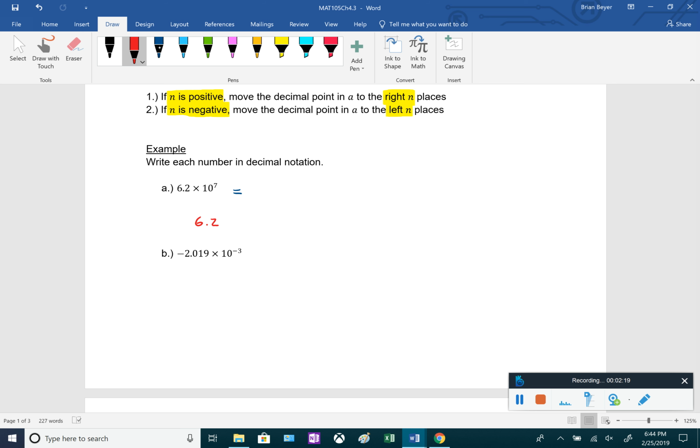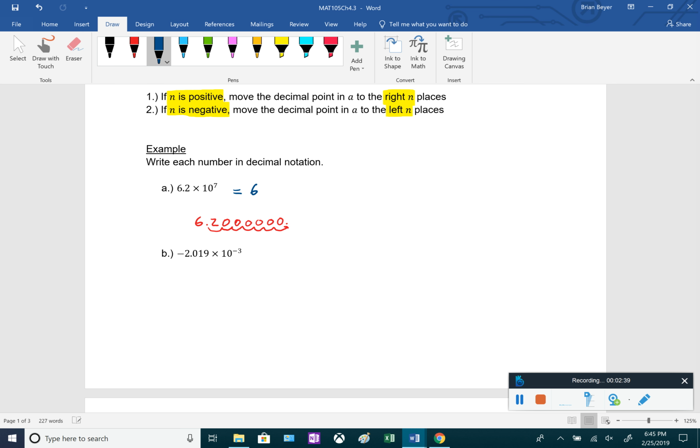We're going to take that decimal, and the 7 is positive, so we're going to move it to the right 7 places. 1, 2, 3, 4, 5, 6, and 7, and put it right here. All of those empty little divots, we have to put a 0.